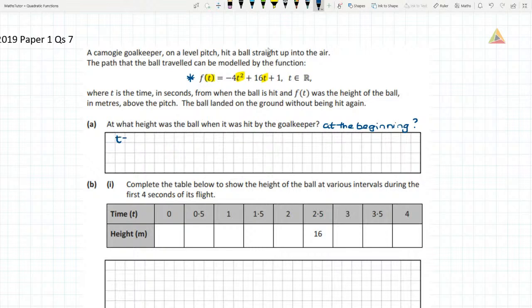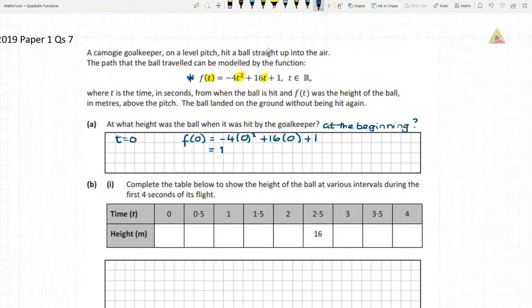So at the beginning, t is equal to 0, and all we're going to do is sub in 0 everywhere we have a t. So f of 0 is equal to minus 4 times 0 squared plus 16 times 0 plus 1. When we put that into our calculator, that gives us an answer of 1. And my units here, it says f of t was the height in meters, so 1 meter.